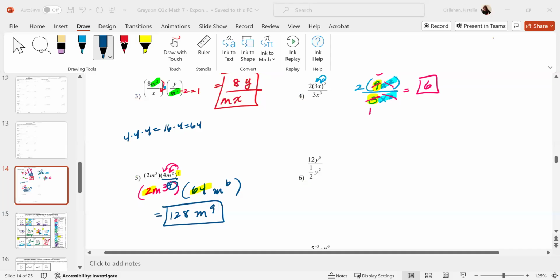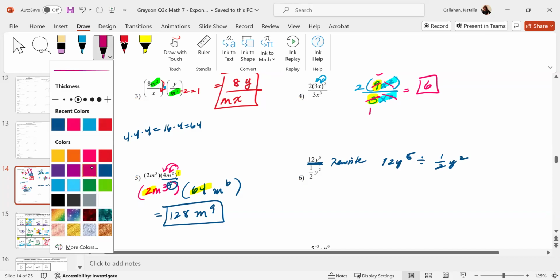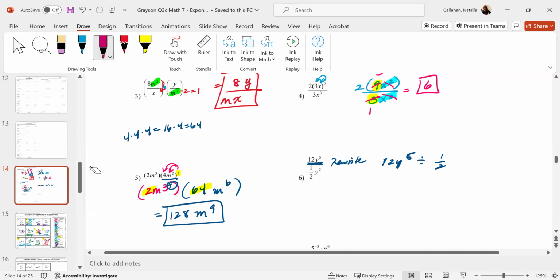All right, first thing you notice is this division right there, right? I like to rewrite it. So let's go ahead and rewrite it. So 12y to the 5th divided by 1 over 2y squared, correct? Yes. Okay. So then this y squared is with the numerator.